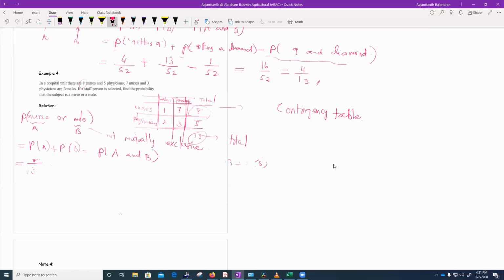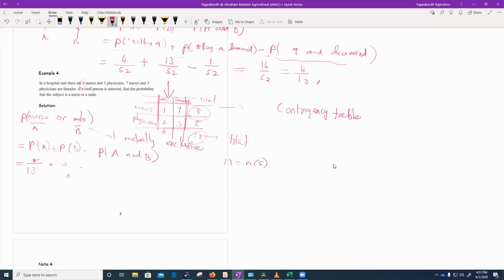Now the second probability, the probability of choosing a male. If you look at the male column, in total we have 3 of them out of again 13. Remember, the denominator is always 13 because you are choosing a person in a hospital. So you have to put all the possibilities there.